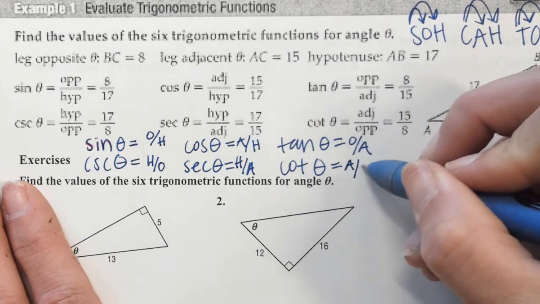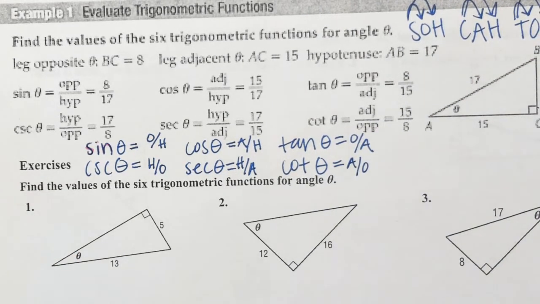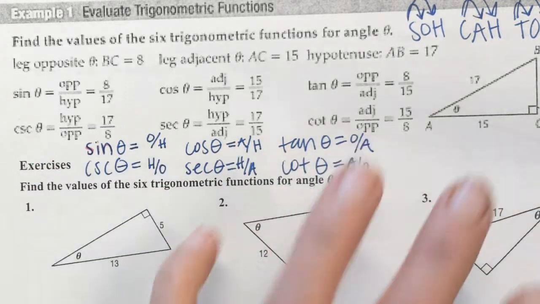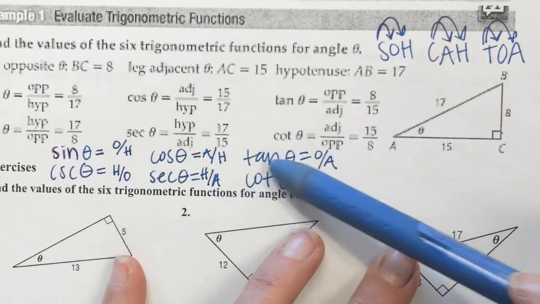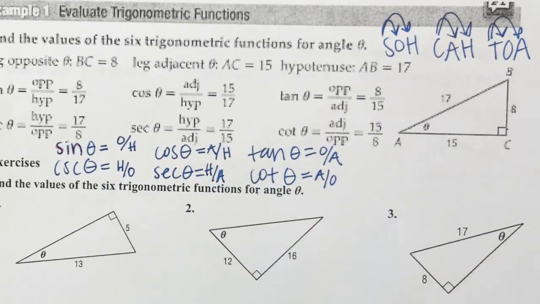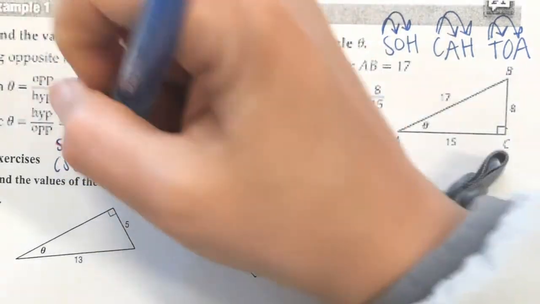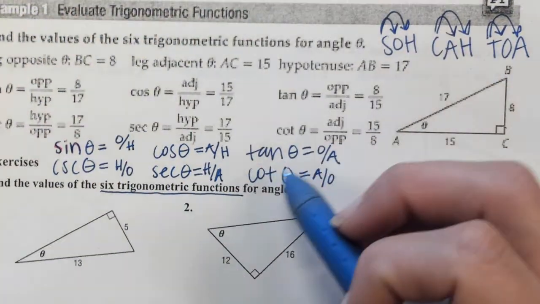Very good. You have to memorize these by your next test, which probably isn't next week, but one before spring break. This will help you with the first 3. The other 3, you just have to remember their opposites. So for number 1, we have to find all sides, opposite, hypotenuse, and adjacent, because we're finding all 6 trig functions.